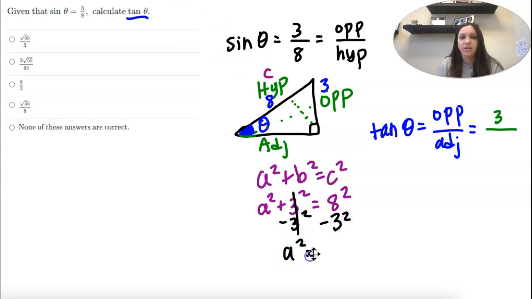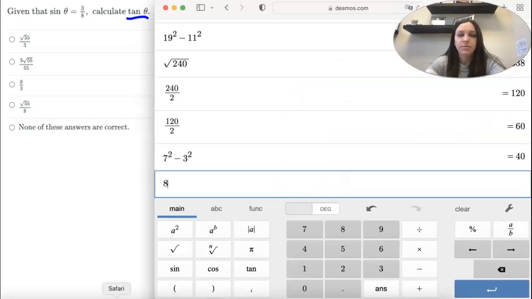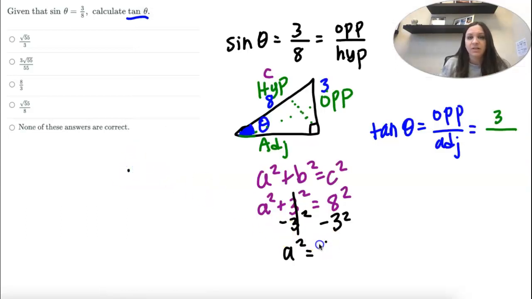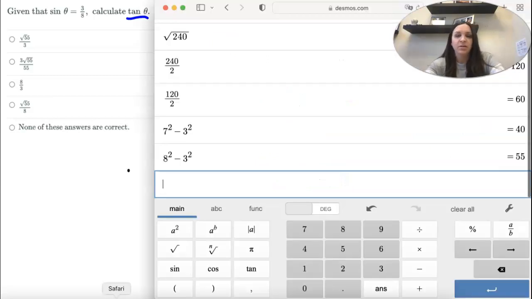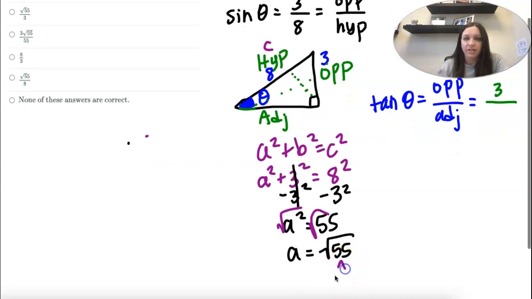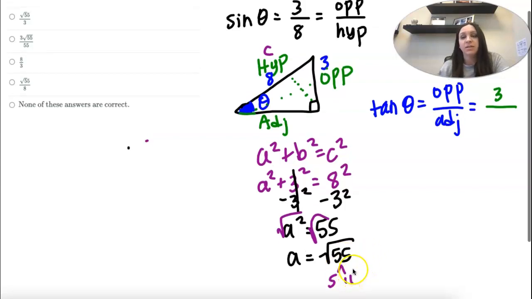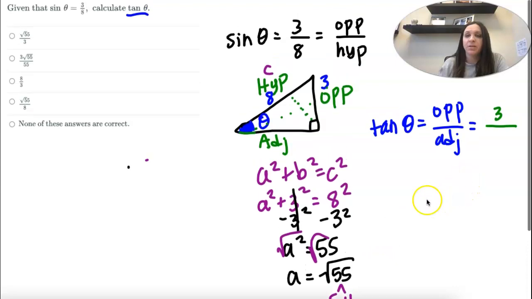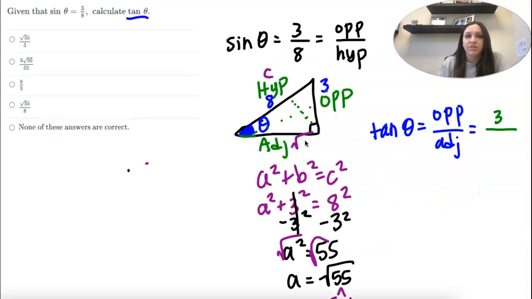So a squared equals 8 squared minus 3 squared is 55. So a equals the square root of 55, because we have to take the square root of both sides. So the square root of 55 is a decimal. And then if I want to reduce or simplify, it's 5 times 11. So I can't even take anything out because you have to have the same number twice. So adjacent is the square root of 55.